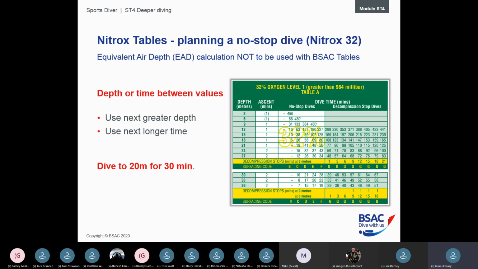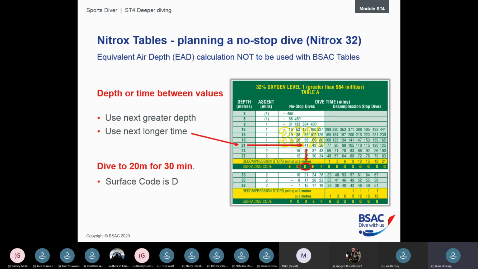The 19 minutes is not long enough, so we go to the 41, and there we go, 21 meters, 41 minutes. We come up with a surface code of D with no stops. If you remember, before we did that exact same dive on air and we had to do a stop. This is why people use nitrox, because you don't have to worry about doing so many stops. And you surface on a tissue code D.